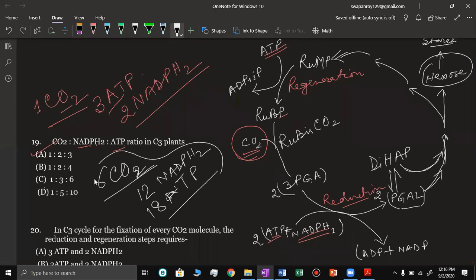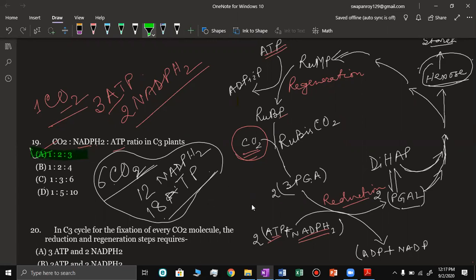So for the production of one molecule of hexose sugar, that is glucose or fructose, it requires 6 carbon dioxide, 12 NADPH2 and 18 ATP. The ratio remains the same: 1 is to 2 is to 3. So our answer is this one.